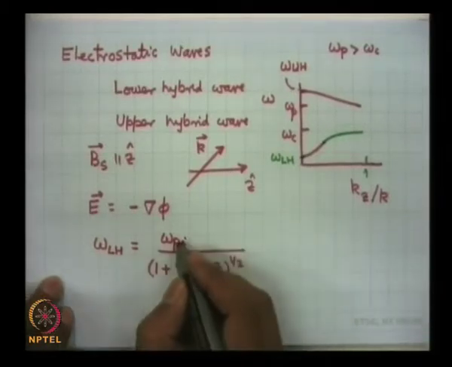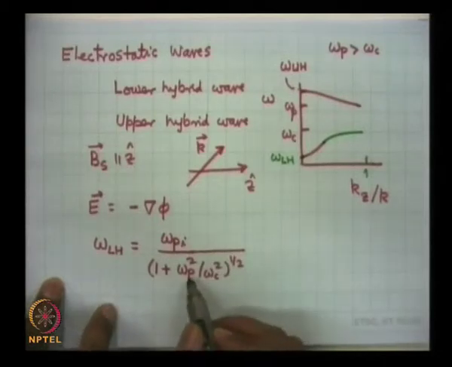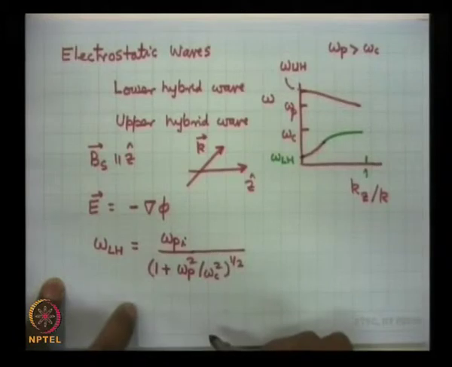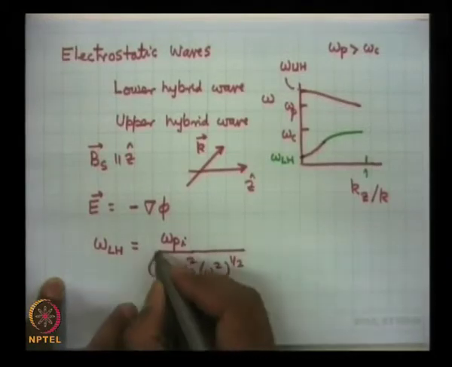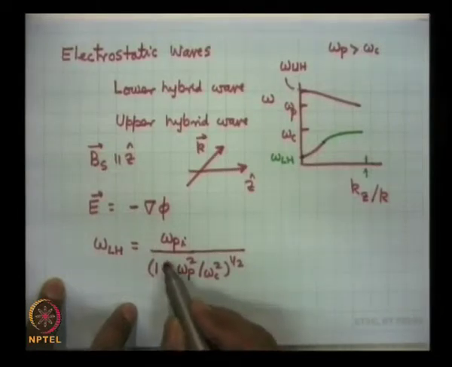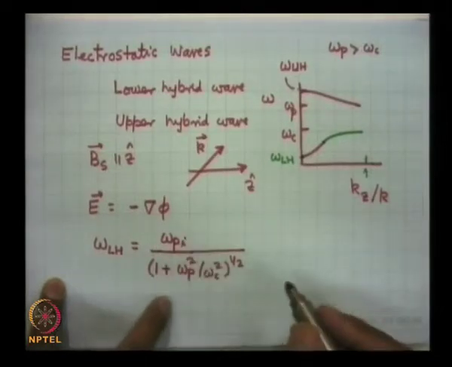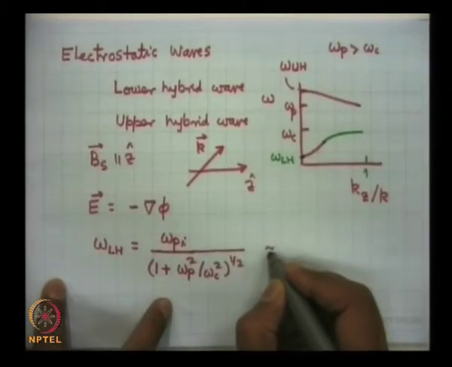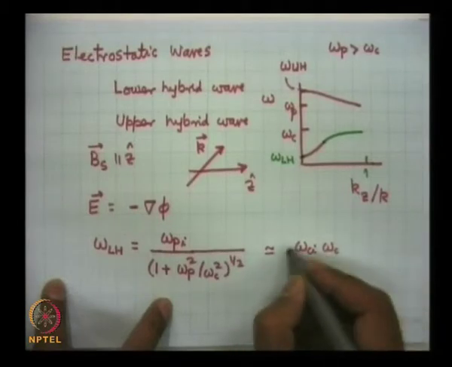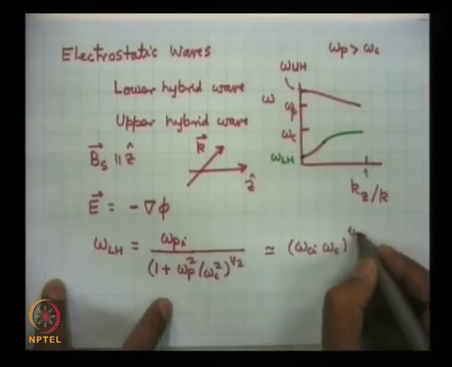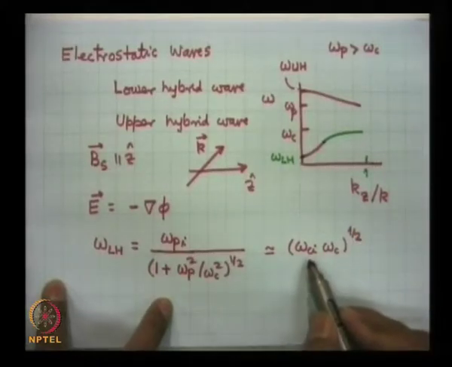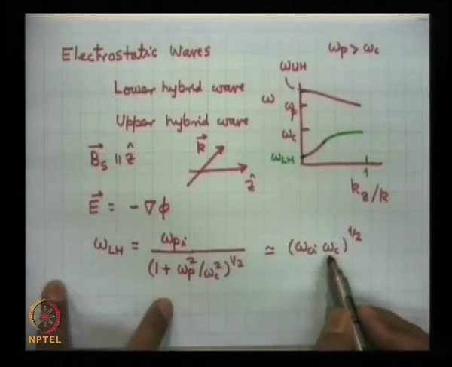where omega pi is called the ion plasma frequency, omega p is the electron plasma frequency, and omega c is the electron cyclotron frequency. So, in a plasma where omega p is much bigger than omega c, I can ignore this 1, and this quantity then becomes equal to the square root of omega ci times omega c, where omega ci is the ion cyclotron frequency and omega c is the electron cyclotron frequency.